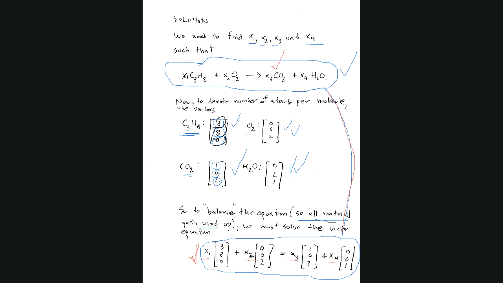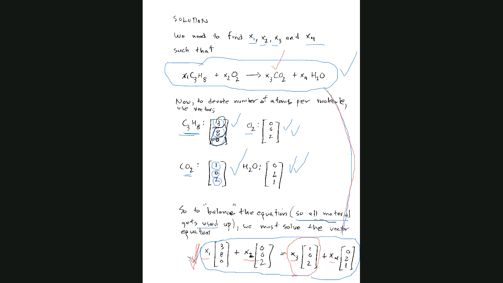Let's move on. So this vector equation here, I've got to manipulate it a little bit. The x3 times the 1, 0, 2 vector, I can subtract that over to the left side.